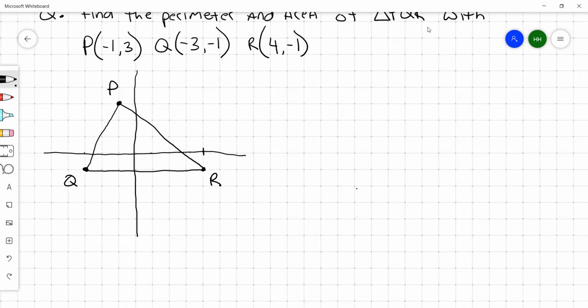they're asking you to find the perimeter and the area. So in order to find the perimeter, the perimeter is going to be equal to QR, the length of that side, plus PR, plus PQ.